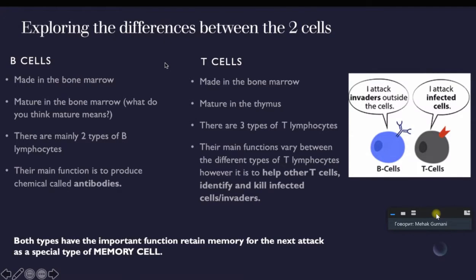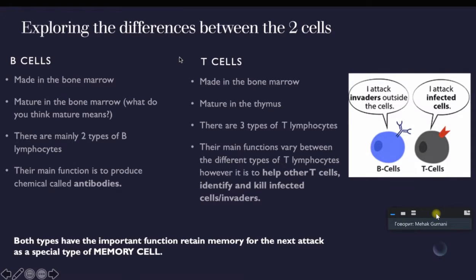T cells have lots of different functions. They can help B cells, kill pathogens, and identify pathogens and alert the whole system that there are pathogens here.